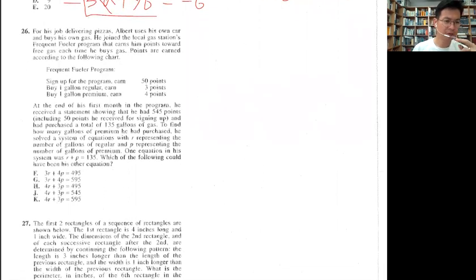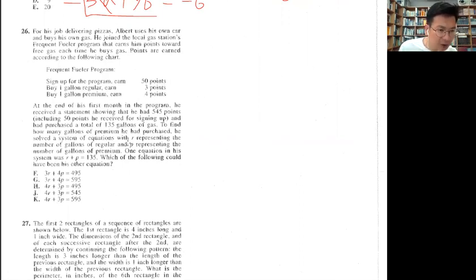For his job delivering pizzas, Albert uses his own car and buys his own gas. Okay, sign up for the program, earn this much, buy 1 gallon regular, earn this much, buy 1 premium, this much, 50 points.